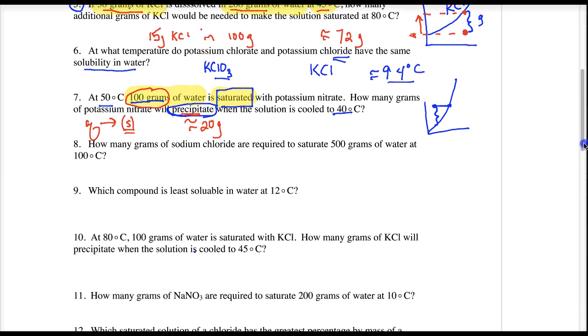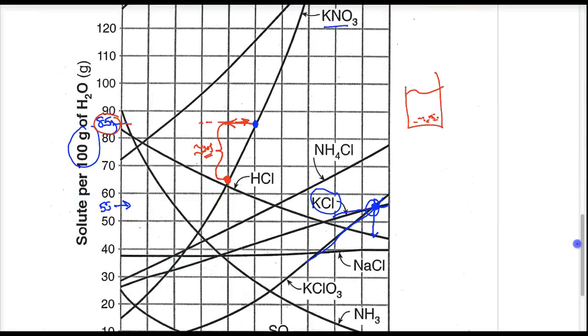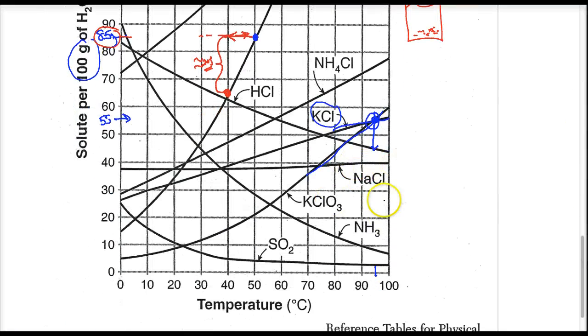Okay, so number 8: how many grams of sodium chloride, NaCl, are required to saturate 500 grams of water? That's 5 times the amount in my graph on the next page, and it's at 100 degrees Celsius. So there's NaCl. At 100 degrees Celsius, it's saturated at 40. So 40 grams dissolves in 100 grams of water at 100 degrees Celsius.